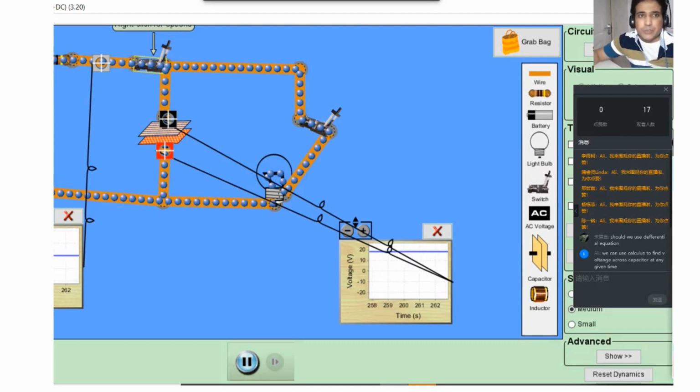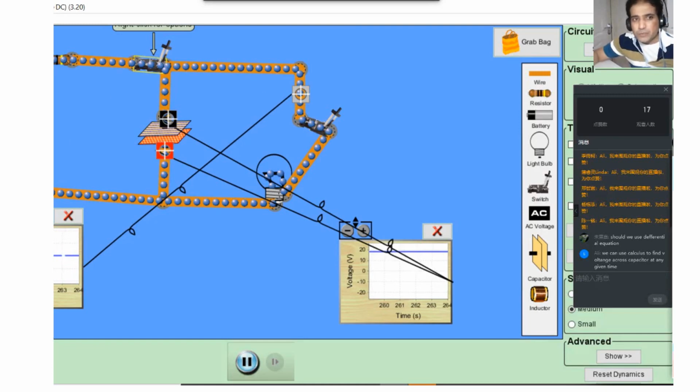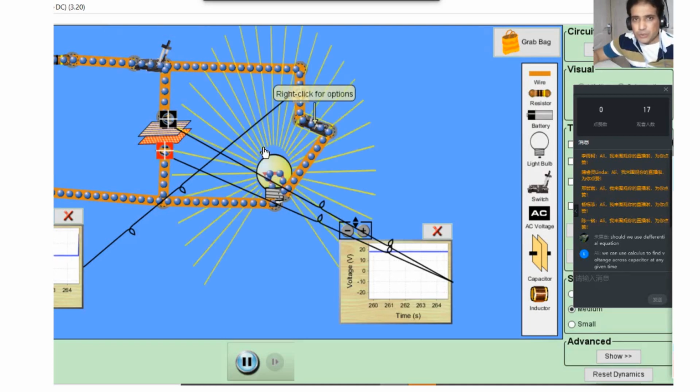Now I will move this here. This switch is open, meaning it is disconnected from the power supply, and I will close this switch now.